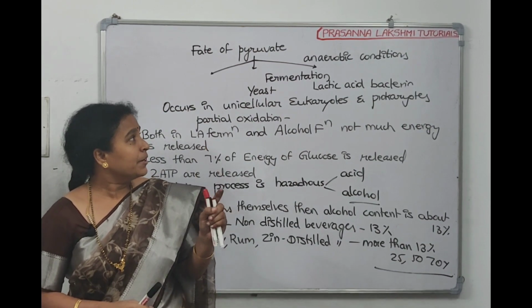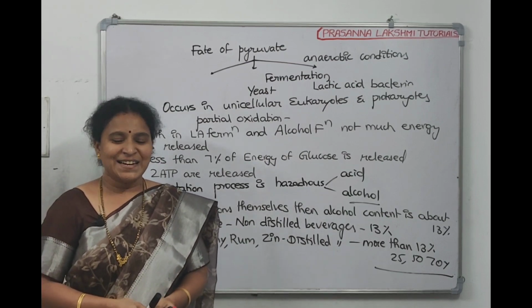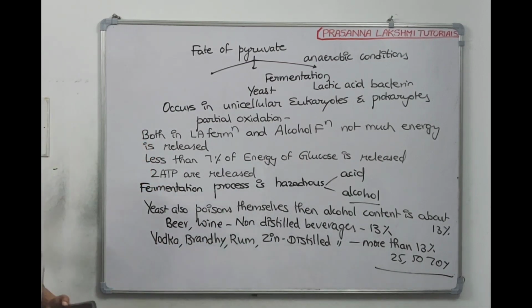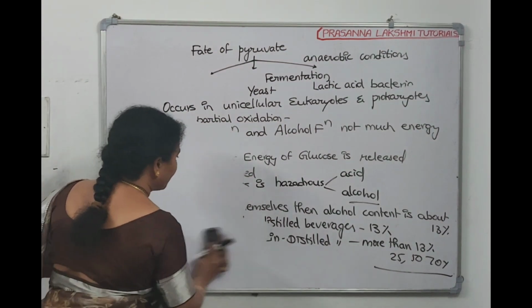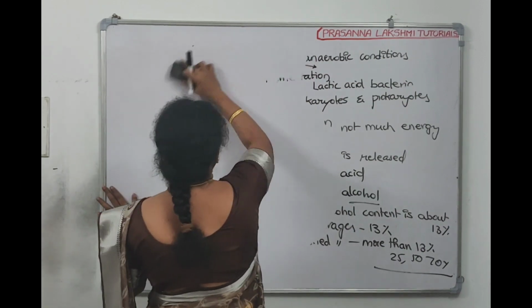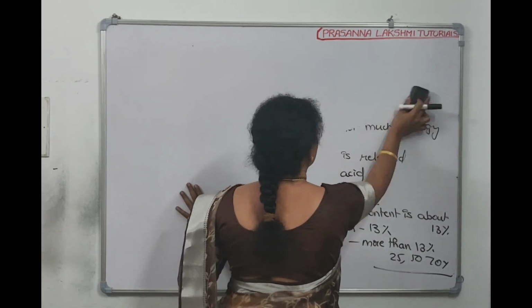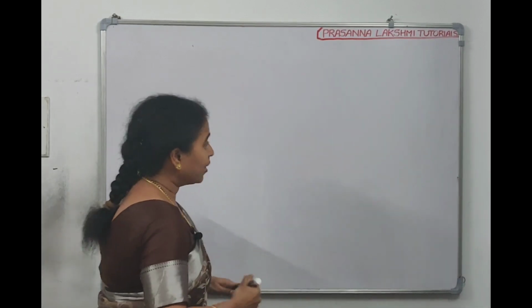Now we understood fermentation. We'll talk about the third one, aerobic respiration. The two crucial steps of aerobic respiration are the TCA cycle and the ETS, electron transport chain.